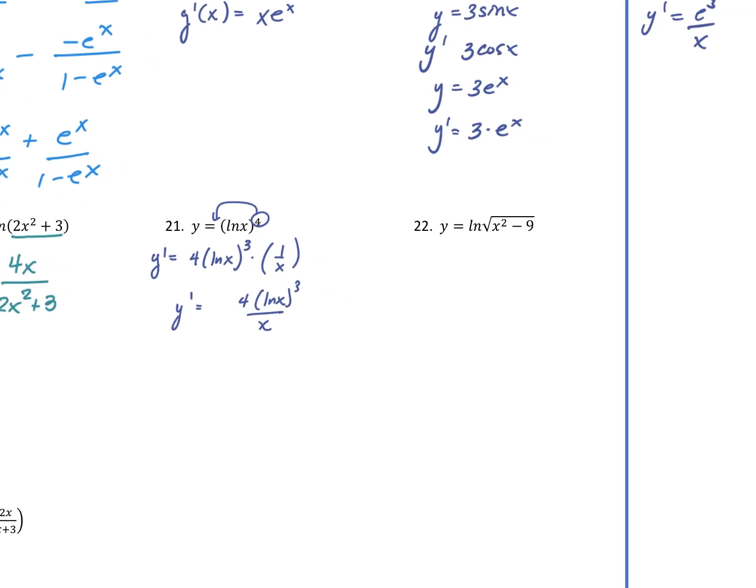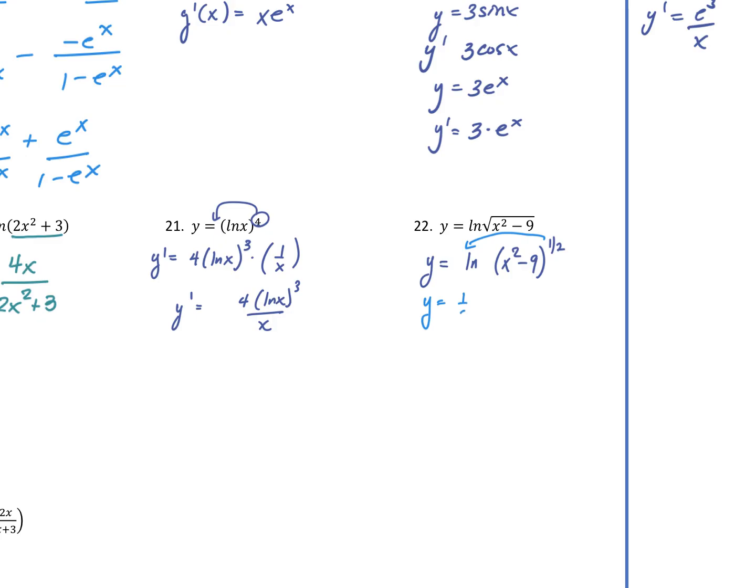And then for this one, I would rewrite this as ln of x squared minus 9 to the 1/2 power. You can do a chain rule here. Okay, you could bring down the half, rewrite it, derivative of the inside. What I would suggest, we talked about when it's division, it's subtraction. When it's multiplication, it's addition. If you remember the power rule, this comes down to the front.